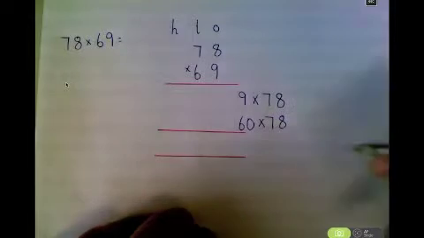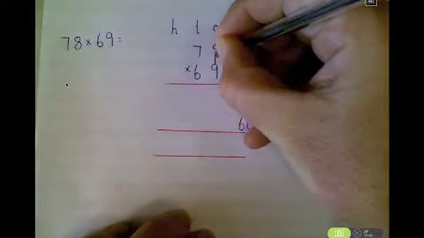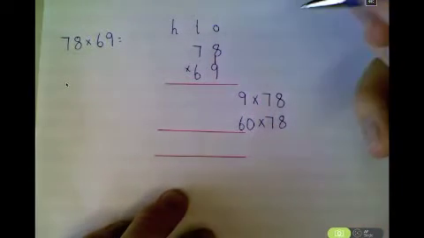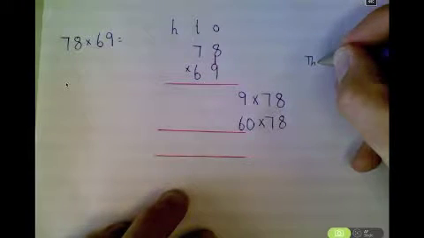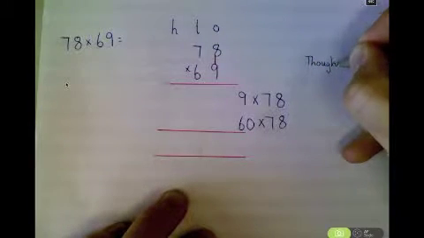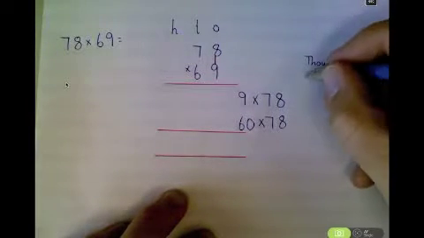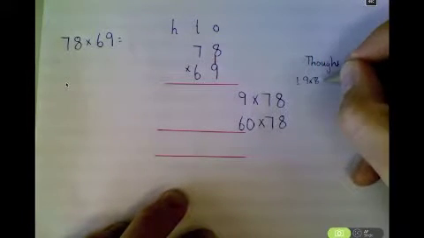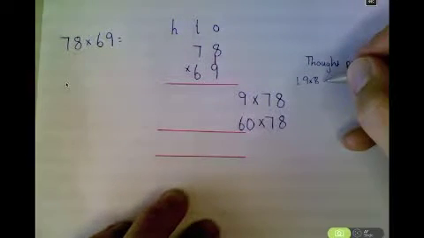So let's start off by doing 9 times 8. Always start with the ones column. If you're not sure of your 8 times tables, you should know your 4 times tables.